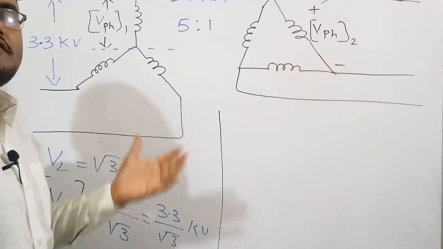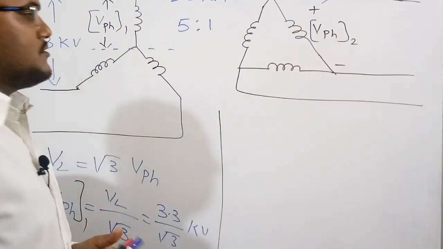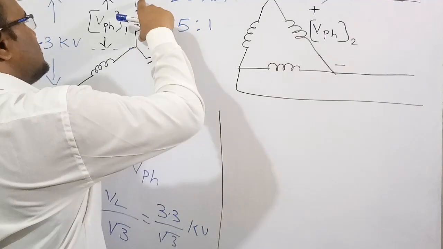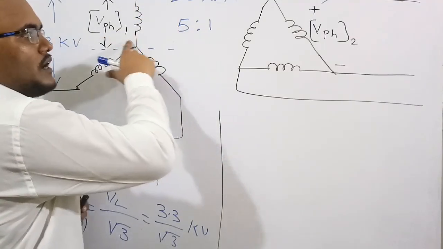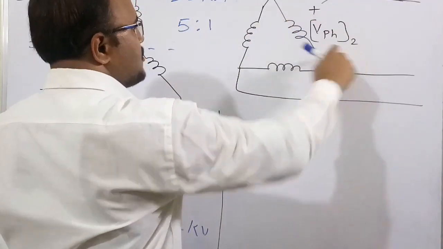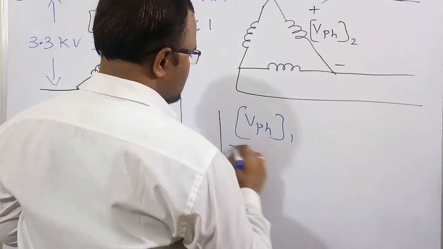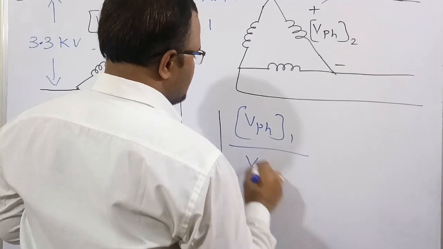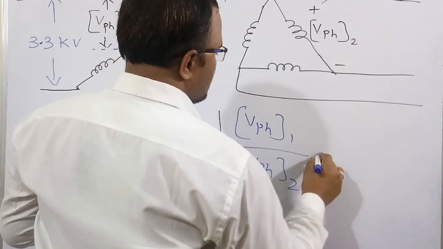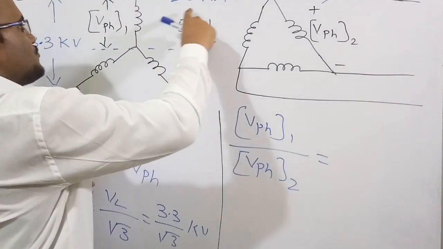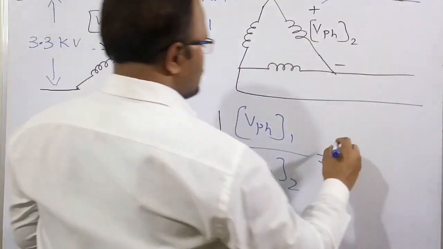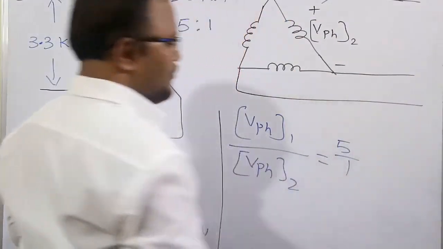So V1 by V2 is equal to N1 by N2. Here this phase voltage is VPH1 and this phase voltage is VPH2. So the phase voltage of the primary star connection by the phase voltage of the delta connection is equal to the turns ratio. This turns ratio is 5 and this is 1, so 5 by 1.